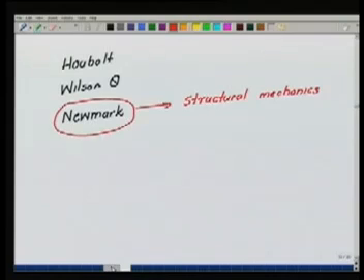It is quite similar to what we had done in the alpha family of approximations earlier.